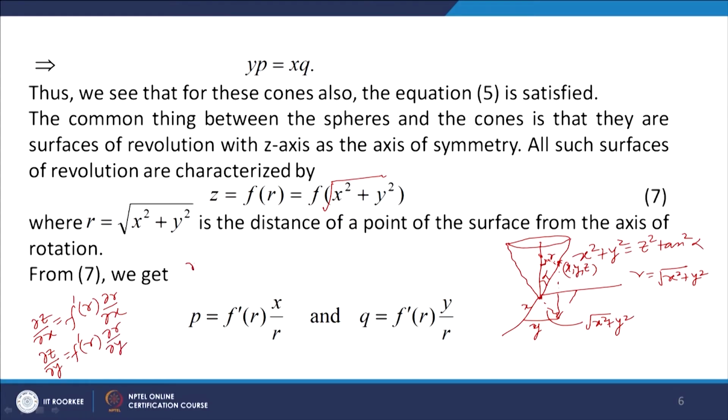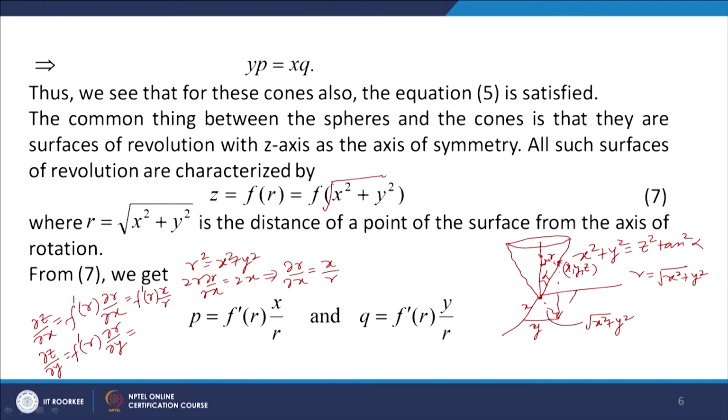Now, r square is equal to x square plus y square. So, you can see 2r del r by del x equal to 2x, and we get the derivative of r with respect to x equal to x by r. So, this is f prime r into x by r.